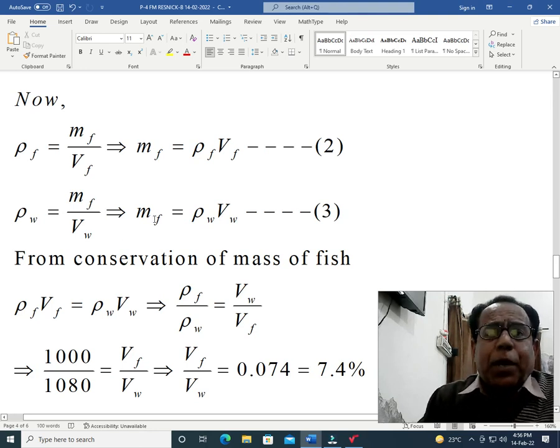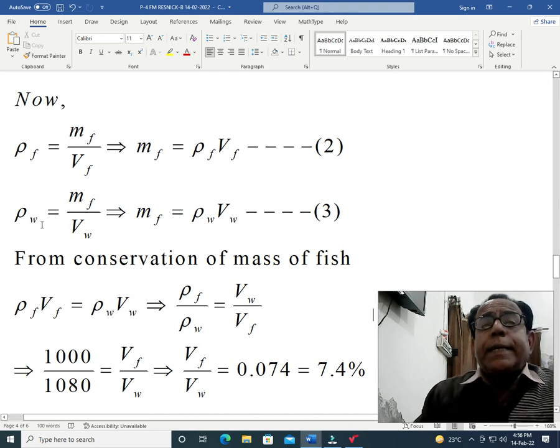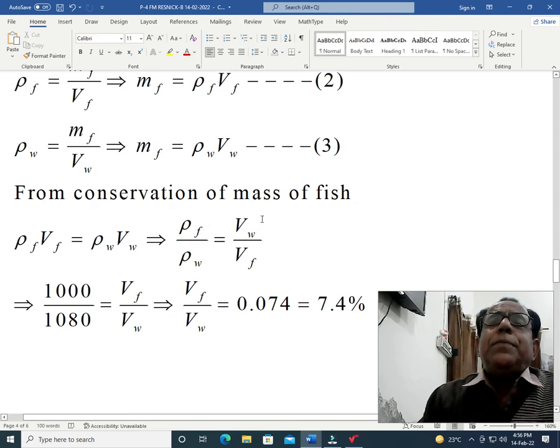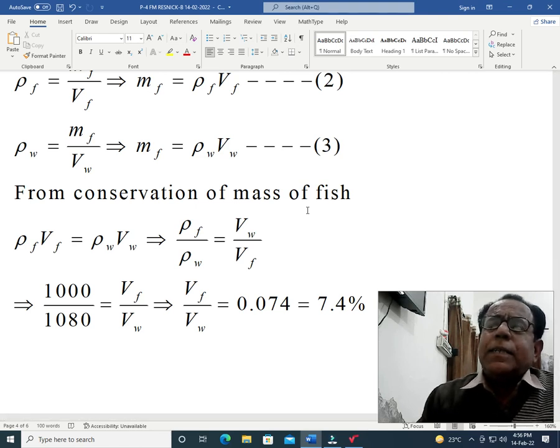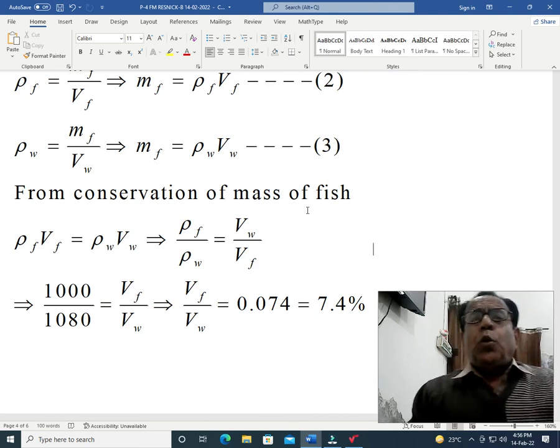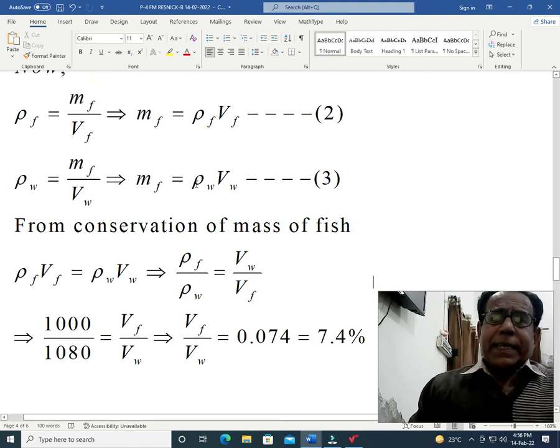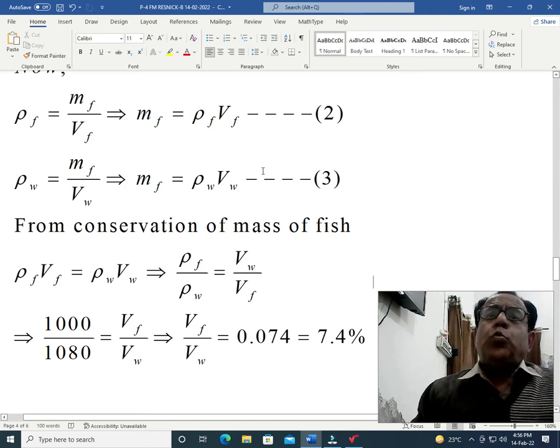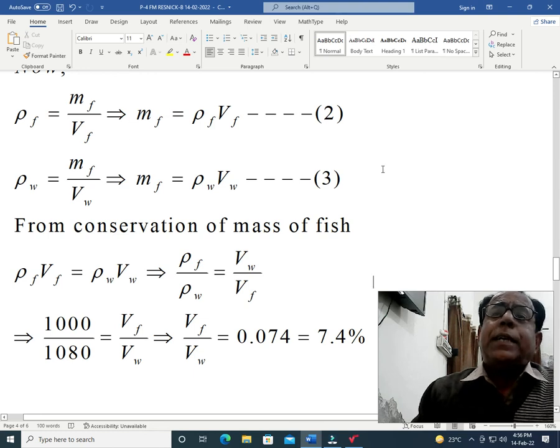This implies that mass of fish will become equal to density of water into volume of water from conservation of mass of fish, because mass of fish is constant and does not change. We can say that equating equation number 2 and 3, because equation number 2 is also equal to mass of the fish and equation number 3 is also equal to mass of fish.